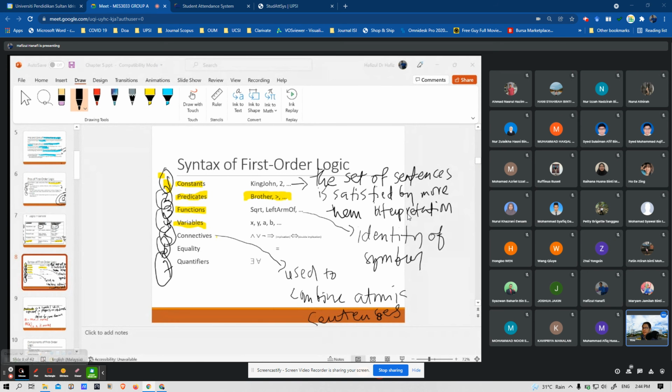This one is for the equality. You need to interpret the real equality relation between members.